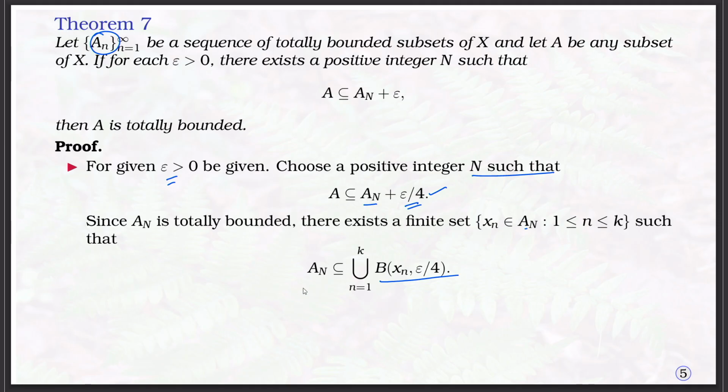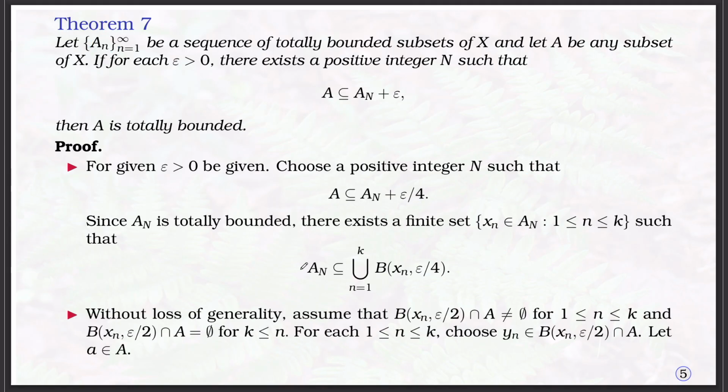Without loss of generality, assume that the ball with center x_n and radius epsilon by 2 intersects A, there is a common point, for all n between 1 and k, and the intersection is empty for n greater than k.